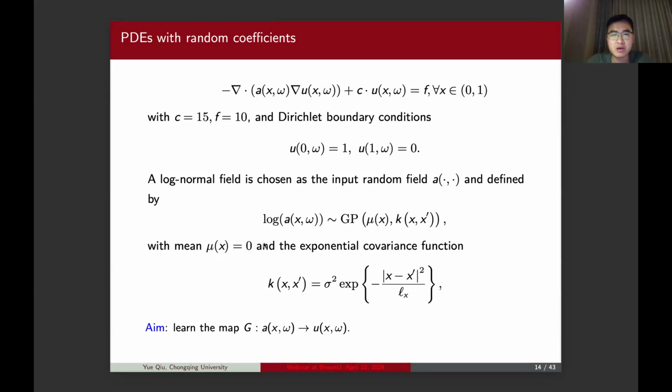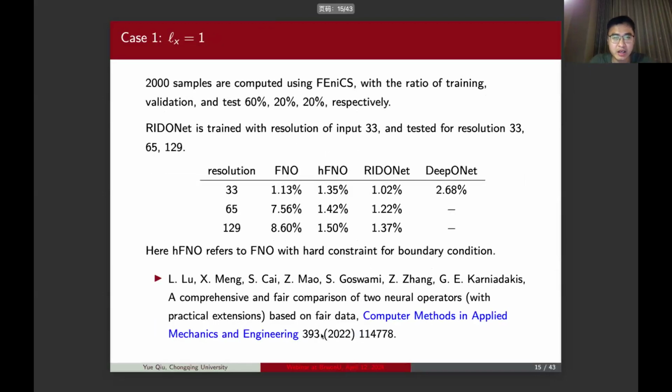This coefficient is a random field, and for this test our aim is to learn the map from this parameter space to the PDE solutions. Therefore, the domains of the input and output are the same.